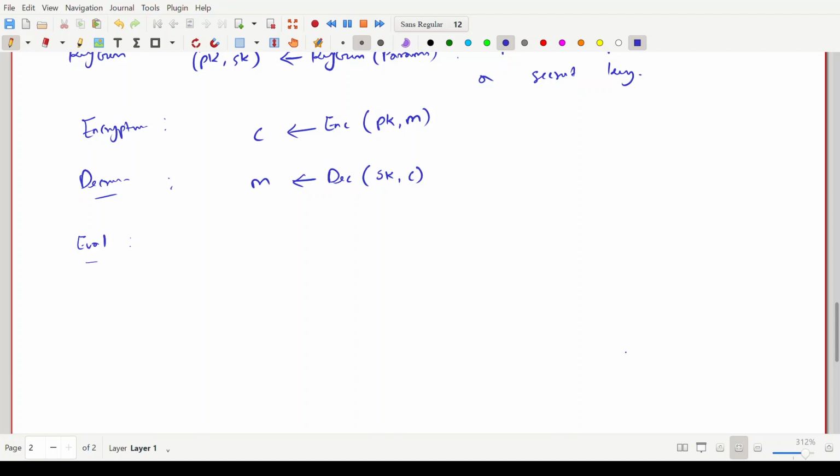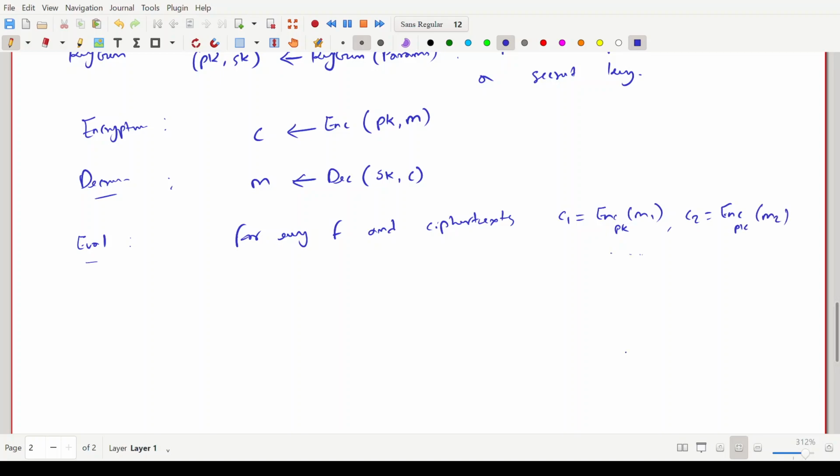Say for every function f and ciphertexts, I have c1, which is the encryption of message m1 with your public key, c2, the encryption of m2, and so on.